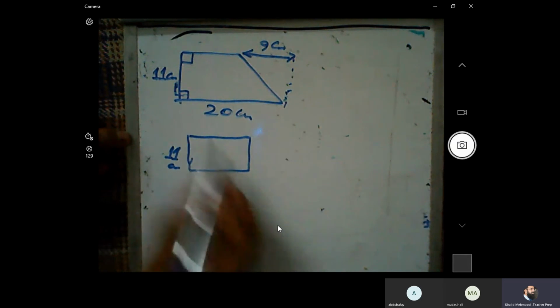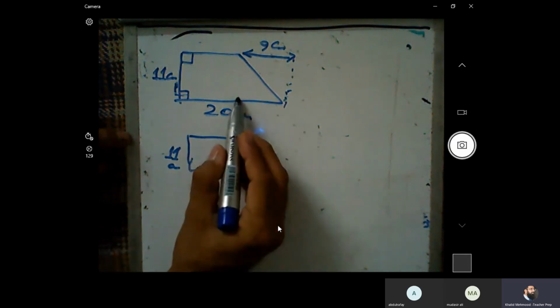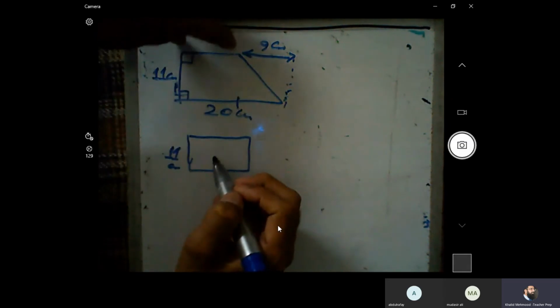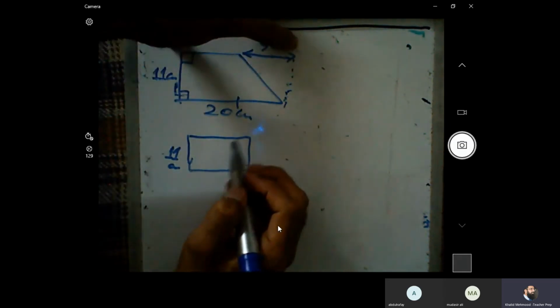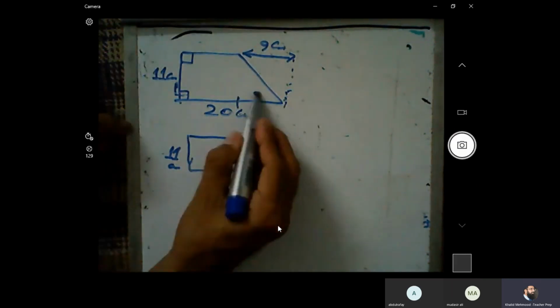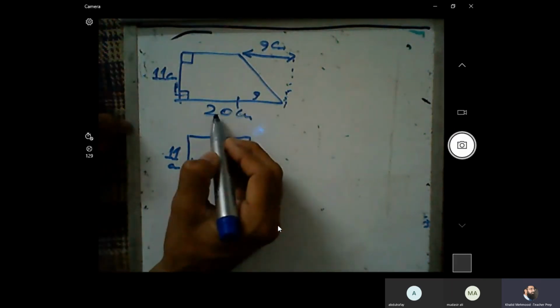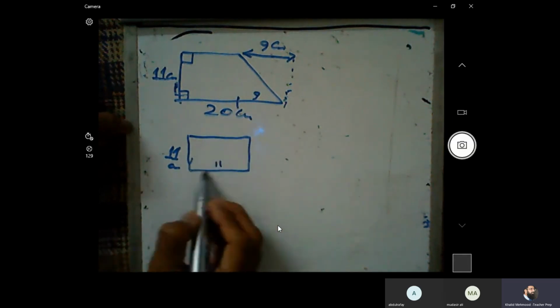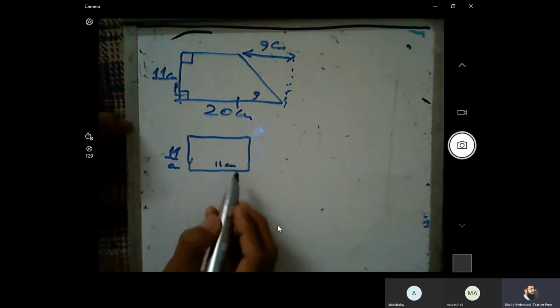And what about this length? The total length is 20, but till here, what is the length? Till here it is 9. So if this is 9, how much remains? 20 minus 9 is 11. So that's why it's 11 centimeter.